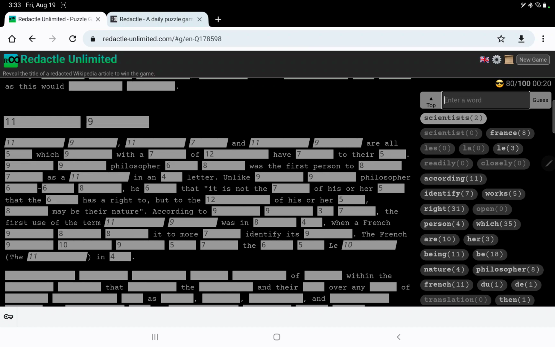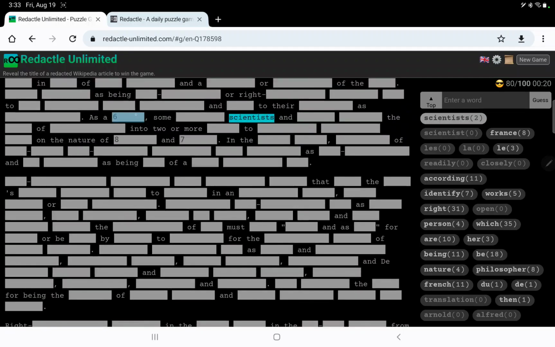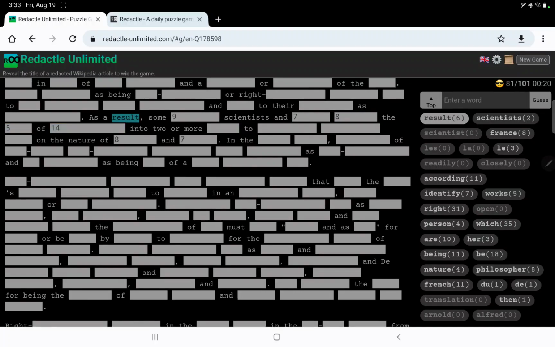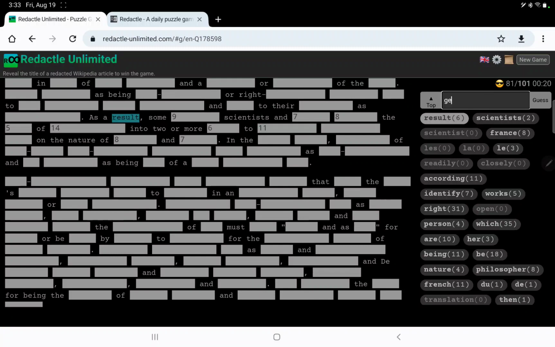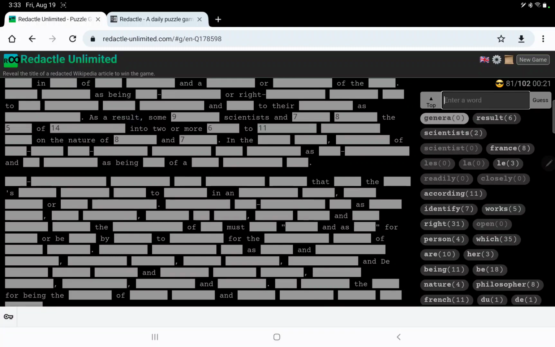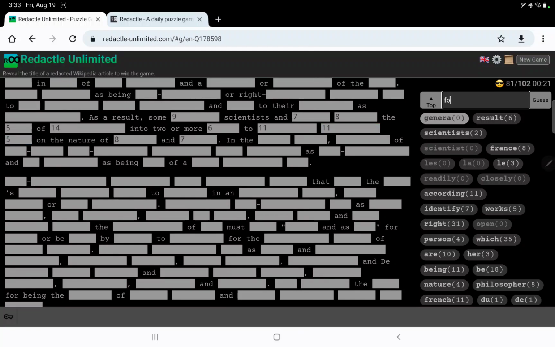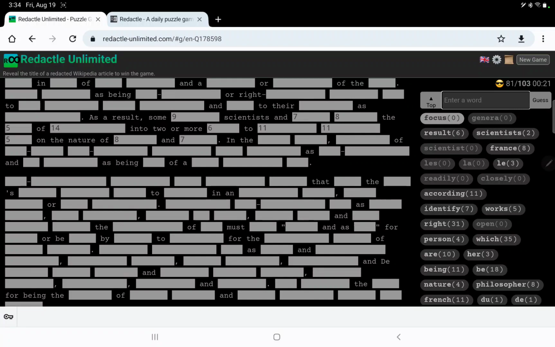No, we have 2 scientists, so we'll quickly look at those. As a result, some kind of scientists, and 7, 8, the 5 of 14. Oh, into 2 or more genera. No, 2 or more something. To 11, 11 focus. No.